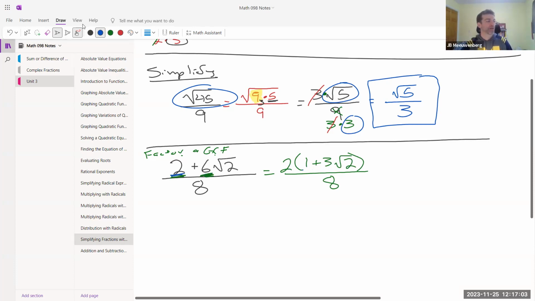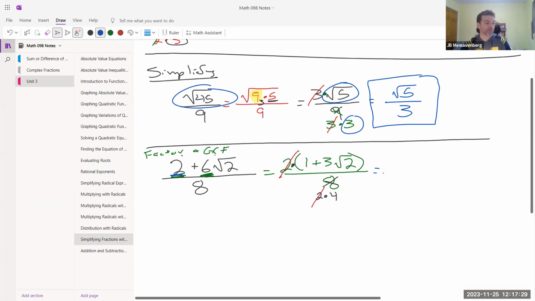So how does this help us? Well, now we have a big multiplication problem. 2 times this big messy binomial, but that means we can cancel this 2 with this 8. I can think of the 8 as 2 times 4. Doing so allows me to cancel this 2 that we factored out with this 2 on the bottom.